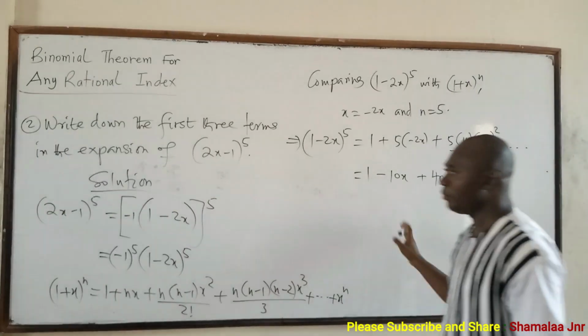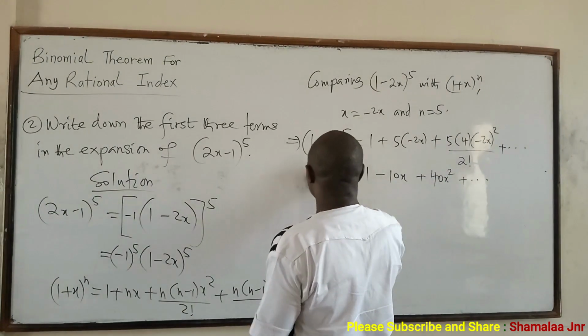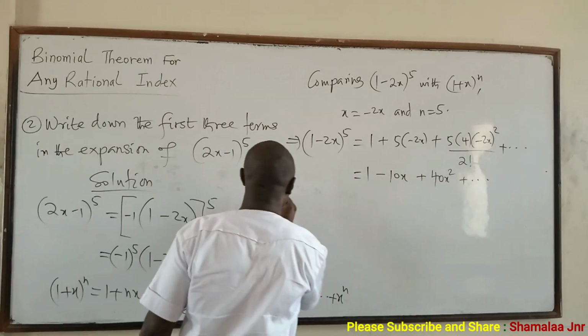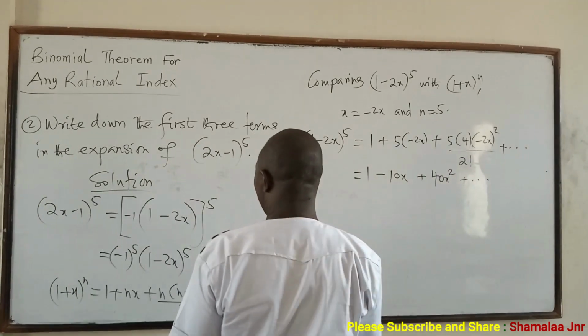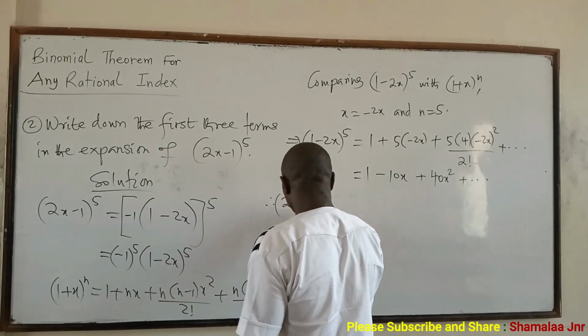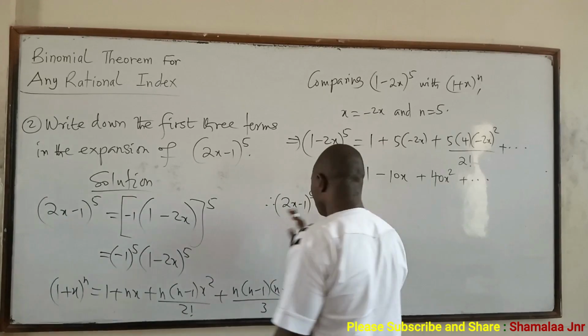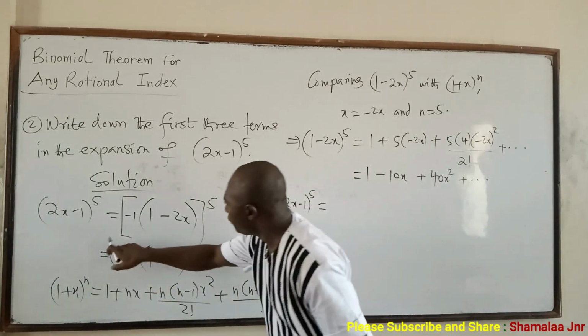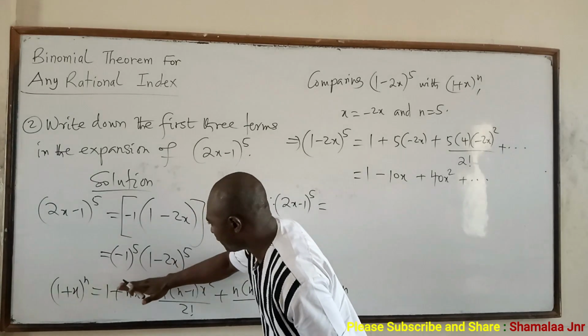Viewers, we can't stop here because we are not asked to expand this. We are given this one. So therefore, you go back to the question. (2x minus 1) all raised to the power 5. This was what you were given to solve. And we wrote it as this.